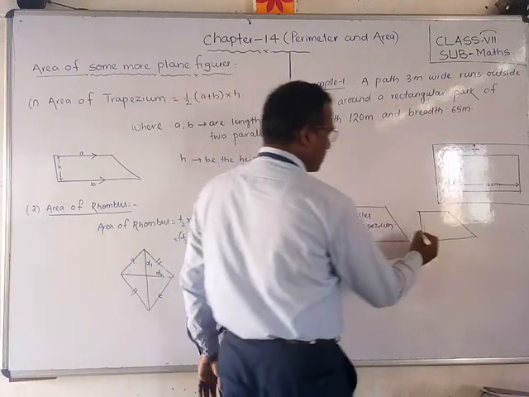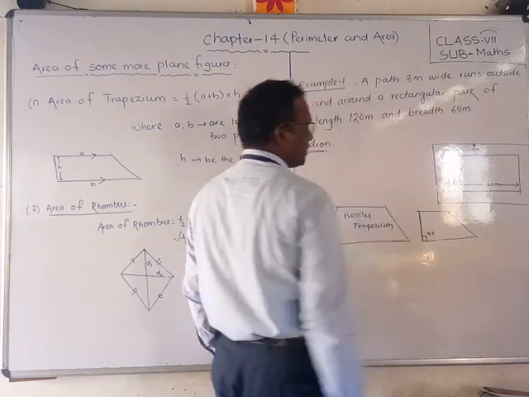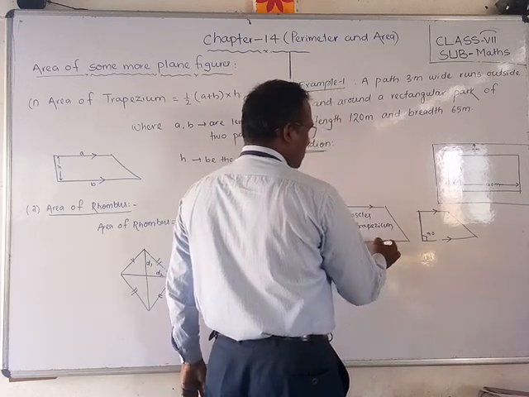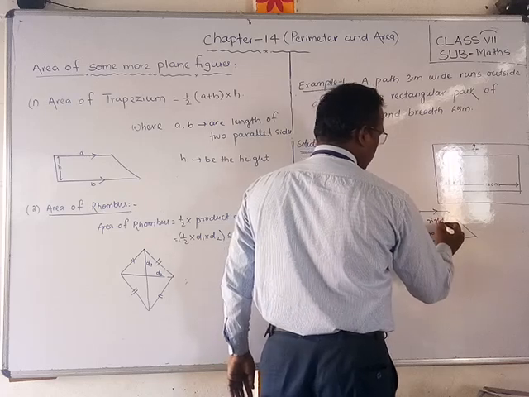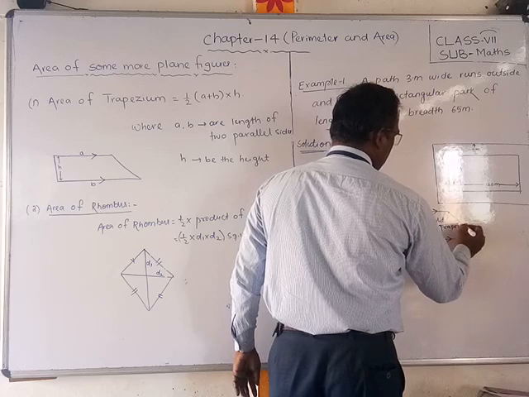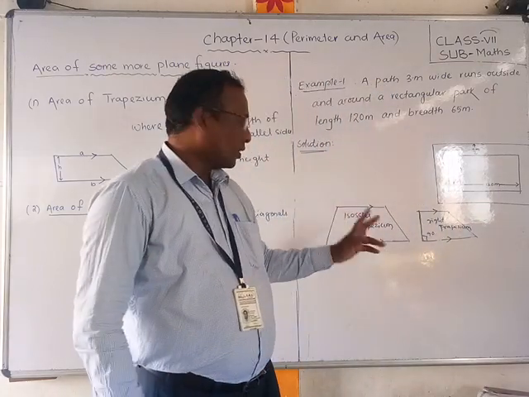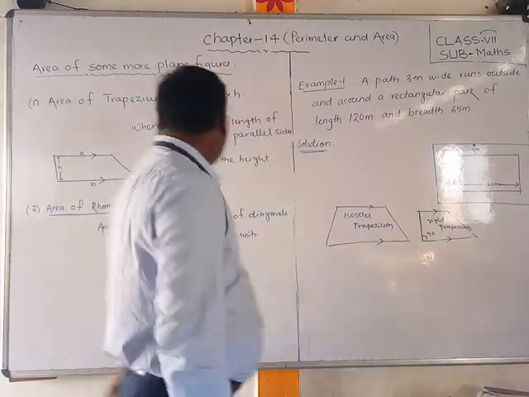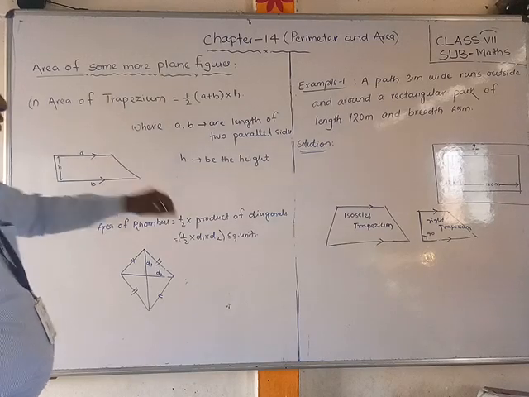That means if this height is at 90 degrees, and two sides are parallel like this, this is called a right trapezium. So these are both trapeziums, but this is called an isosceles trapezium, and this is called a right trapezium.